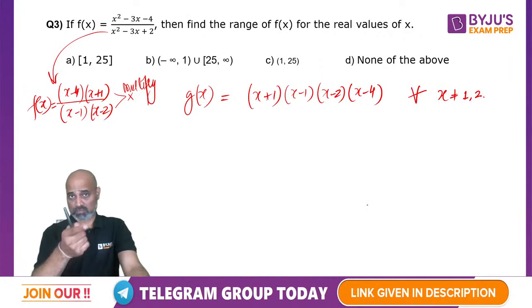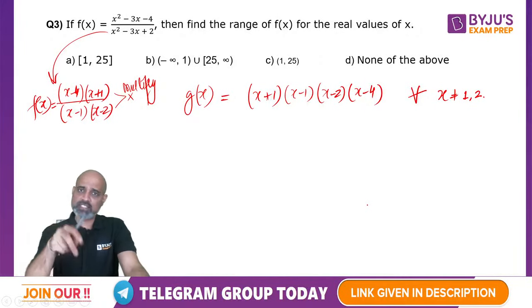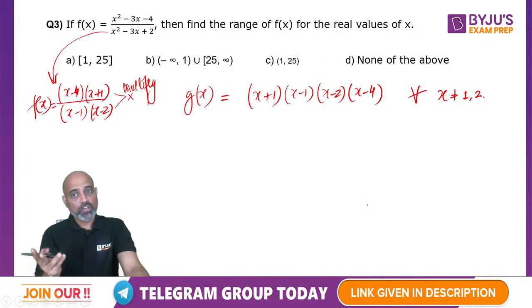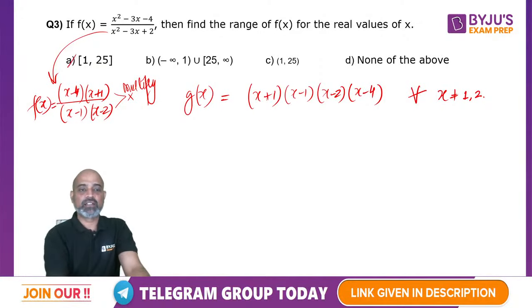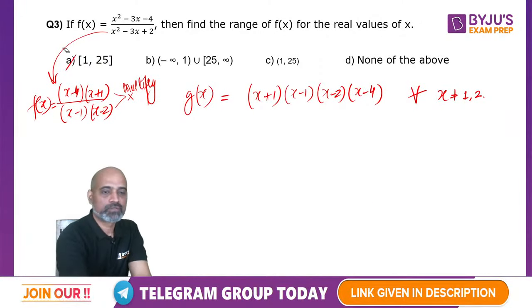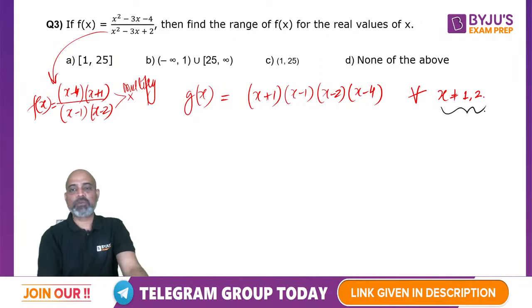Why? Denominator 0 is not allowed, right? Even though the question has given us such that denominator can be 0, it's too stupid, so we never take it as 0. So x can't be 1 or 2. The moment you get that, you know what is going to happen.